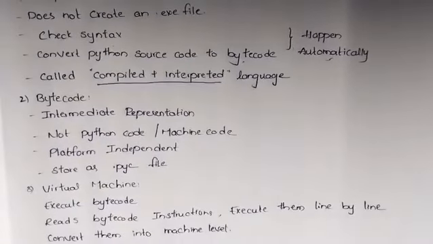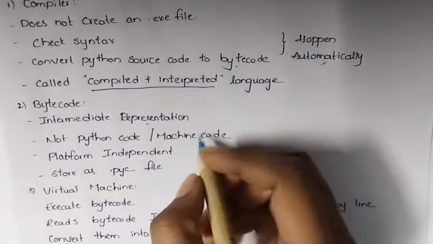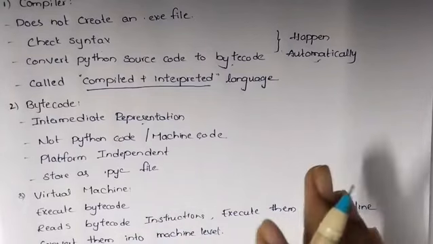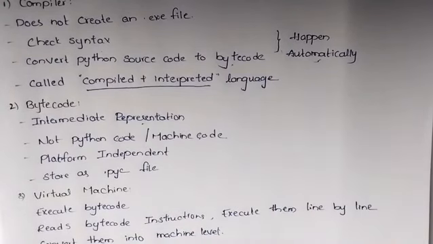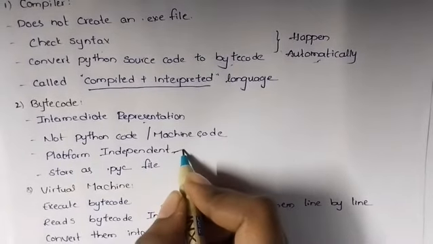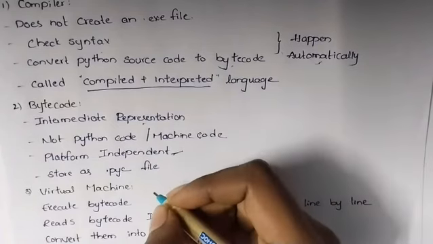Okay, next, bytecode. Bytecode is an intermediate representation. It is not Python code and not machine level code. It is not understood by humans. It is platform independent because it can run anywhere, on any operating system.